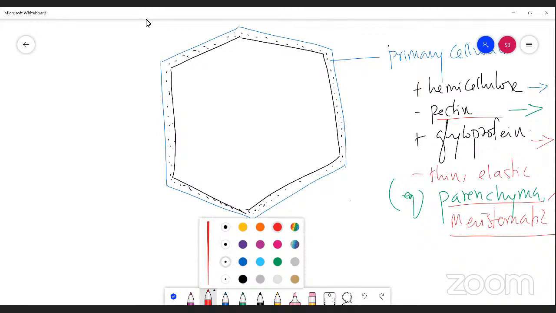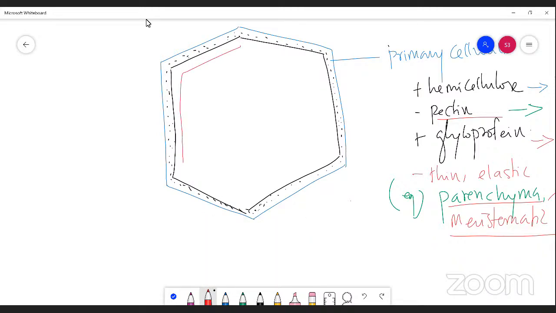The secondary cell wall is differentiated into 3 zones: S1, S2 and S3. The first, red color, indicates S1. I'm talking about the secondary cell wall, which is made up of 3 layers.